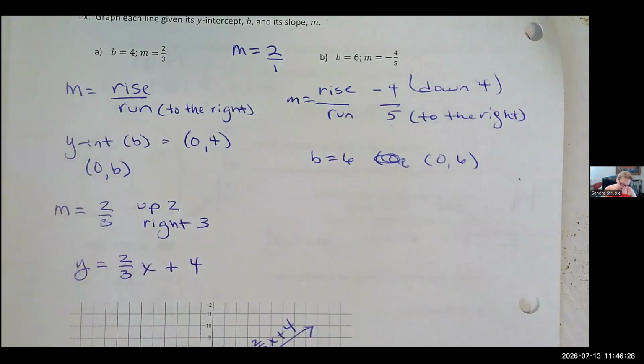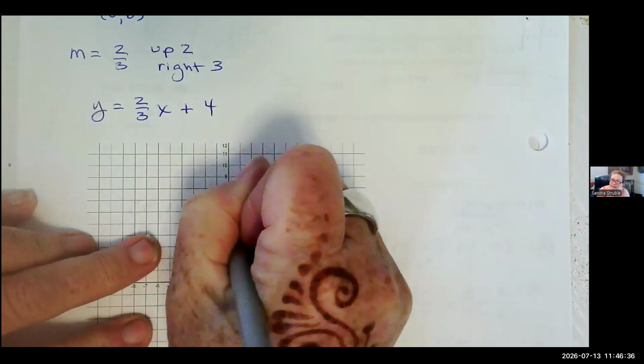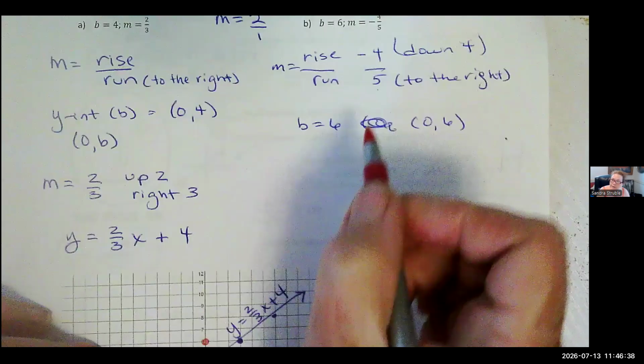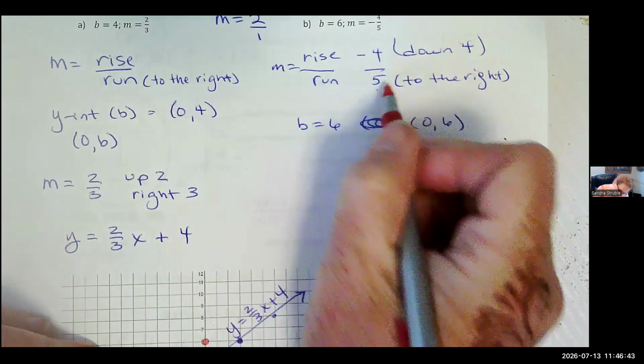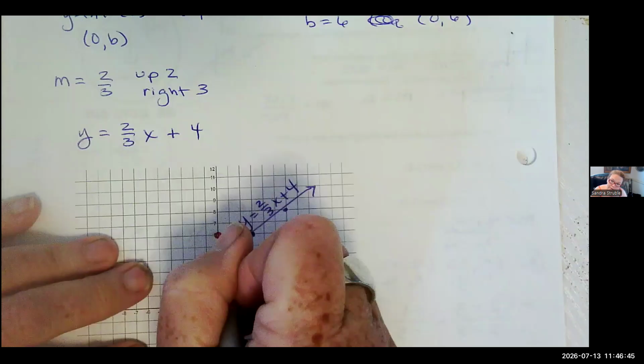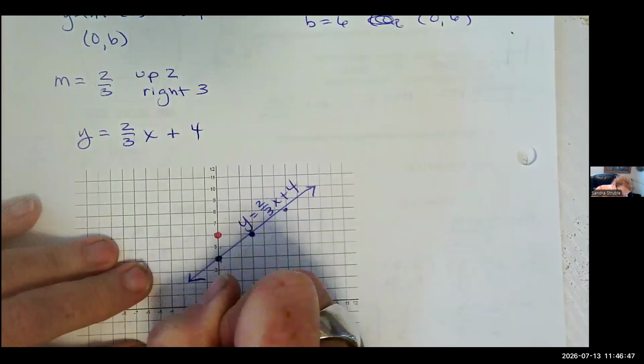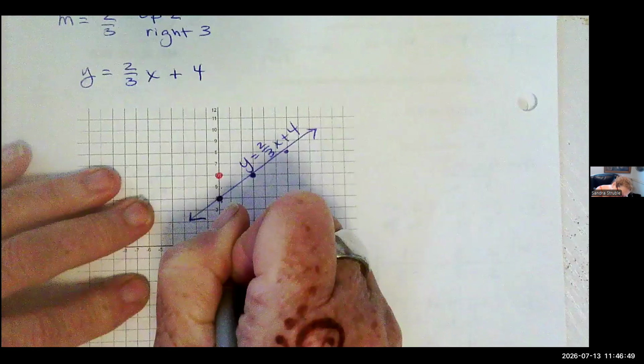All right, so let's start with 0, 6. There's my y-intercept. From my y-intercept, I'm going to go down 4 because it's a -4, and then I'm going to run to the right 5. Down 4, 1, 2, 3, 4. Don't put your point yet. Run to the right 5. 1, 2, 3, 4, 5.